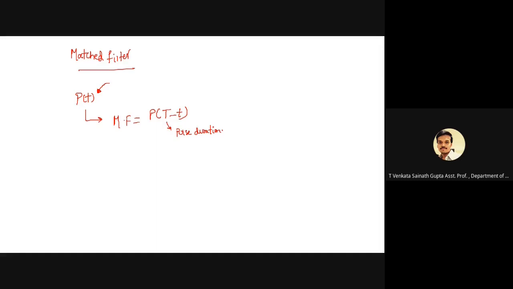So I'm again repeating the aim: to generate matched filter output for unipolar NRZ and polar NRZ coded data. So we are basically talking about matched filter output for unipolar NRZ as an input and polar NRZ as an input.